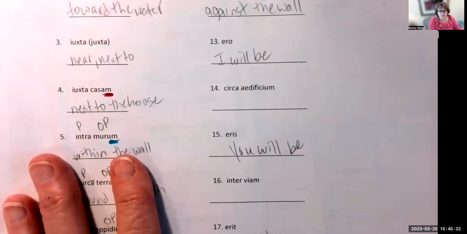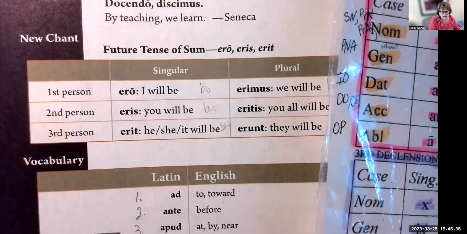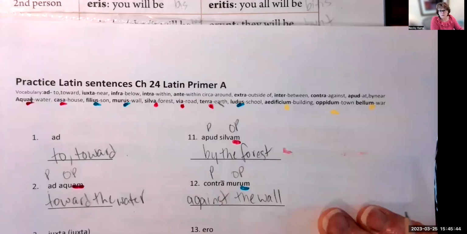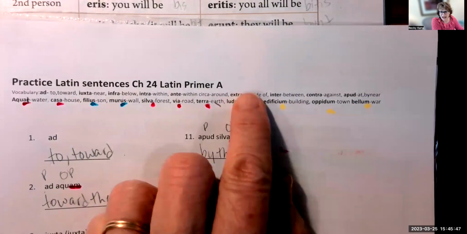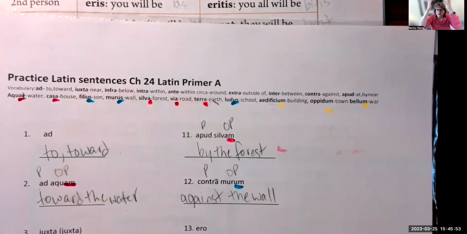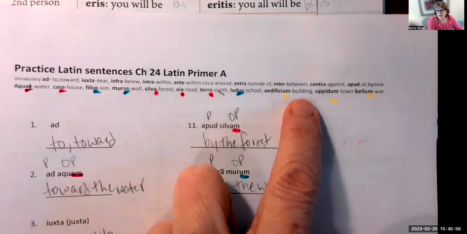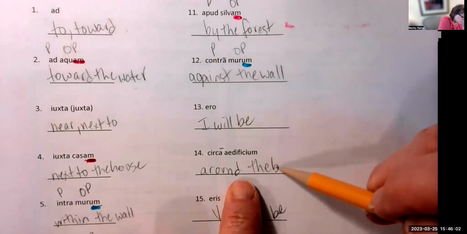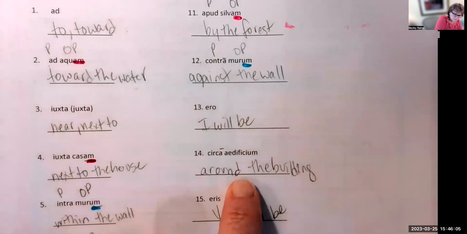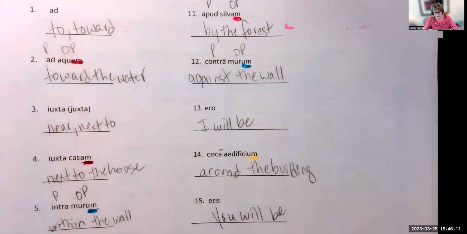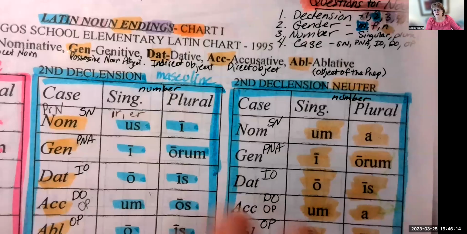Now, let's go back to number 14, circa. Remember what circa means? It means around, right? And what is artificium? I love artificium. Artificium is one of my favorite words because of the word edify, which means to build up, right? And buildings, isn't that beautiful? Edify, to build one another up. Around the building, beautiful. If I wanted to make it plural, what ending would I have put on there?